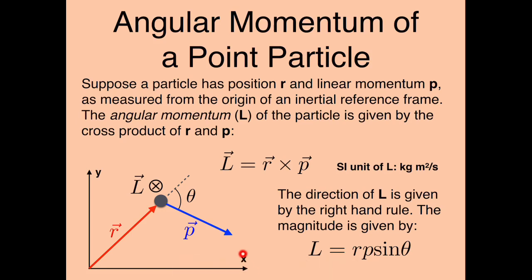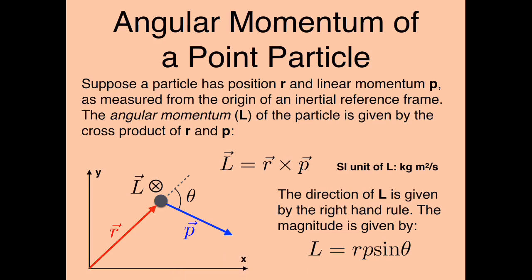So we have an x-axis going this way, a y-axis going this way. That's our reference frame. Now, the position of the particle is the vector r, which goes from the origin of our coordinate system to the point where the particle is actually located. So that's the vector r for position.